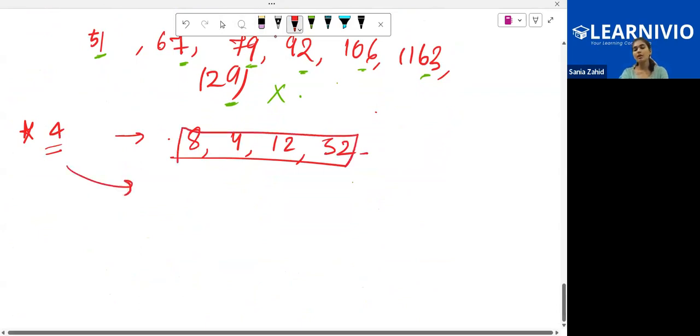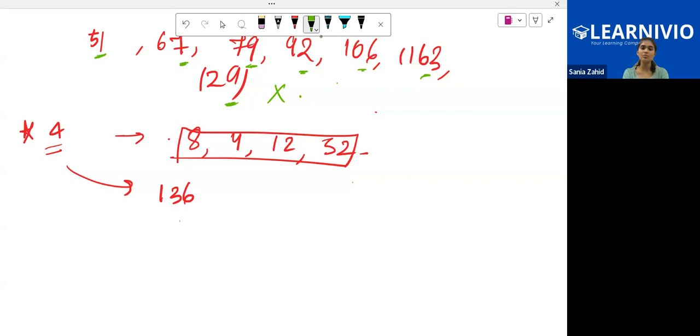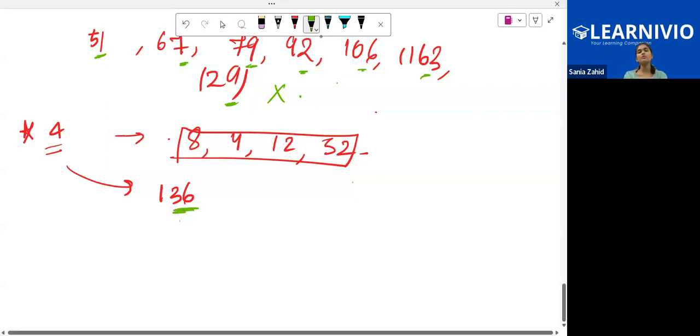But for numbers having more than 2 digits, like 136, you don't have to divide the entire thing, just look at the last 2 digits. What are the last 2 digits of 136? 36. Yes, 36. So is 36 divisible by 4?